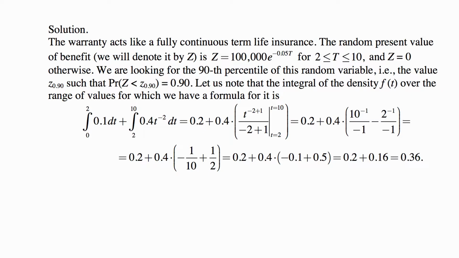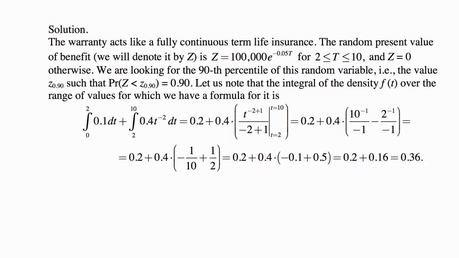So we get 10 to the -1 over -1 minus 2 to the -1 over -1. What we really have is 0.2 plus 0.4 times minus 1 over 10 plus 1/2, or with decimals, 0.2 plus 0.4 times -0.1 plus 0.5. So it's 0.4 times 0.4 in that second expression, that's 0.16.